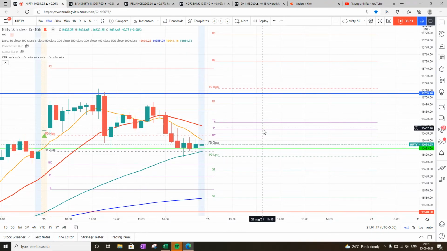The third option is that the market opens below pivot, which is at 16654.